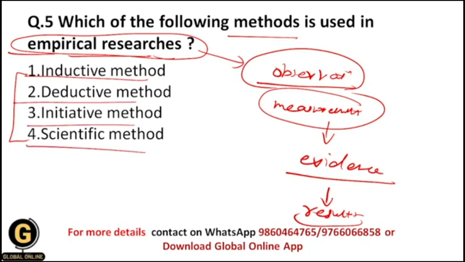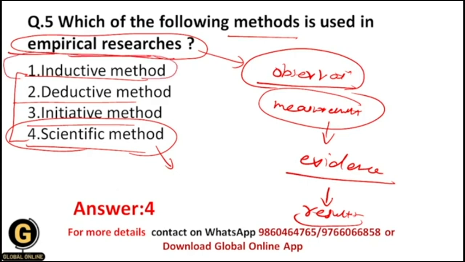So obviously students, the correct answer to this question is 4, that is scientific method, because the scientific method is the method which we follow everywhere whenever we want to do research, because within the scientific method there are lots of systematic steps, one by one steps, and we follow those steps whenever we do research, and these steps are based upon empirical approaches, and that's why within empirical researches the scientific method is used.